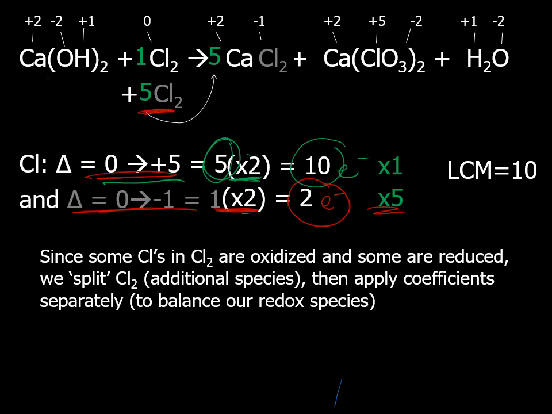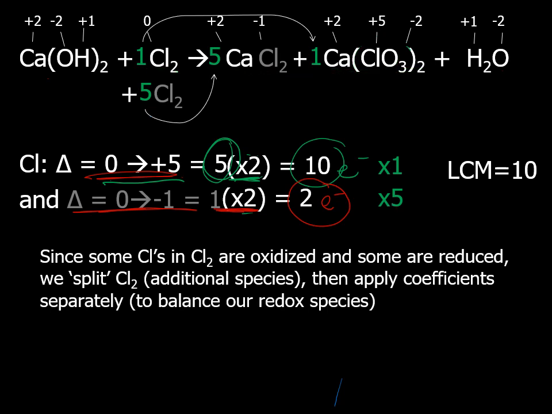So this gray one here that is going through the reduction is this one here, so I'm going to put the coefficient in front of the species that has that chlorine. Now the one that is going through the oxidation has the 1 in front, so I'm going to make sure I put that 1 in front of this species here because it has the chlorine that is going through the oxidation reaction.